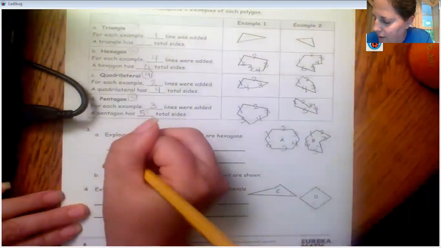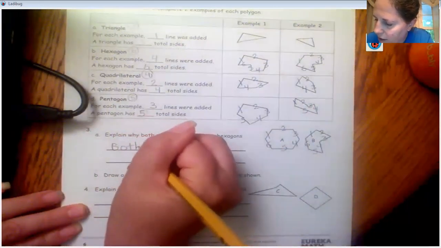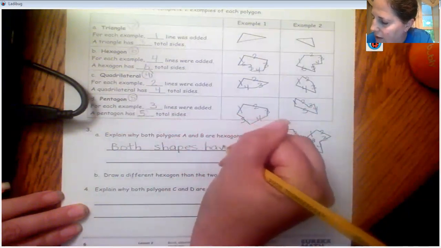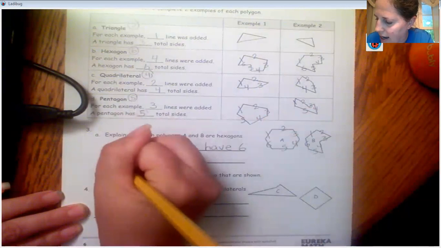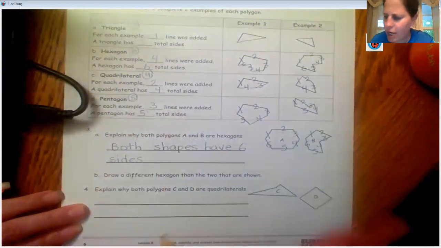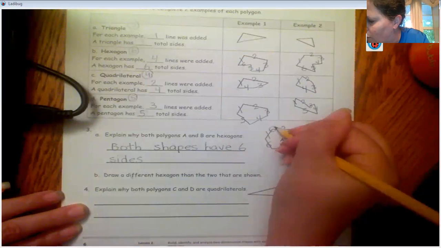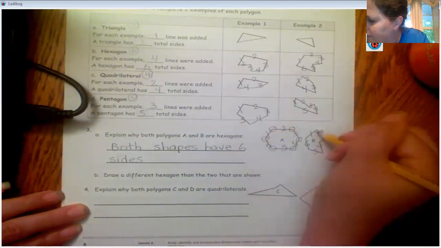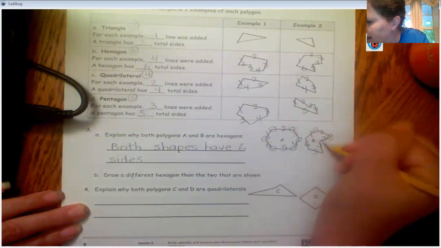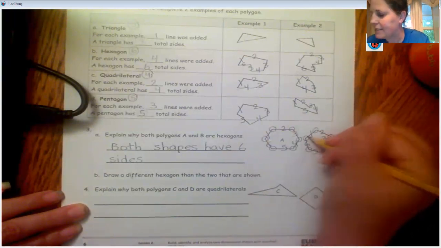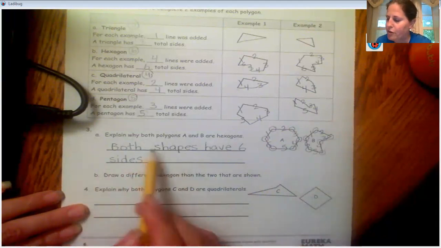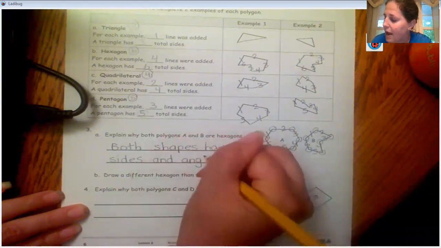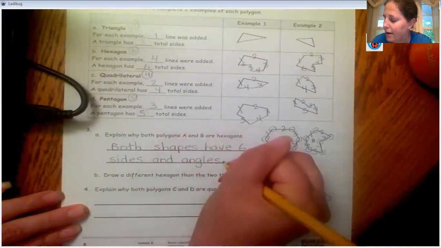So both shapes have 6 sides. And just to make sure, I'm going to count the angles here. 1, 2, 3, 4, 5, 6. 1, 2, 3, 4, 5, 6. So I'm going to add that as well. So both shapes have 6 sides and angles. And that's what makes it a hexagon.